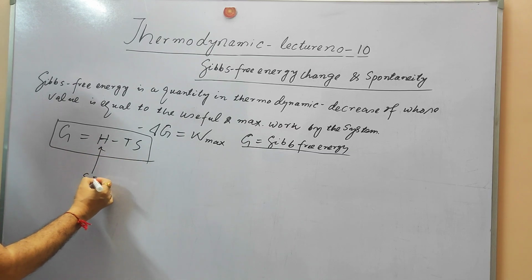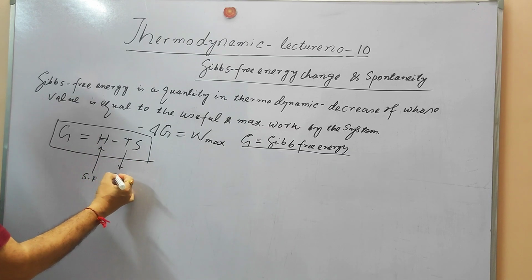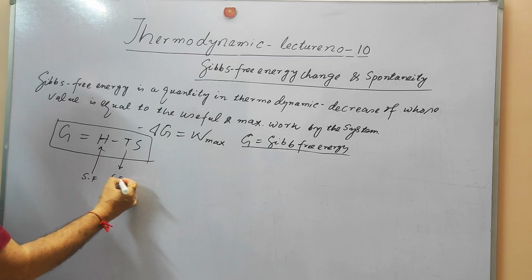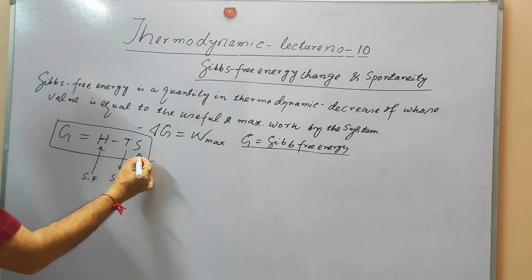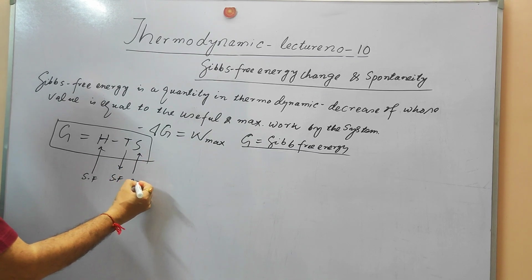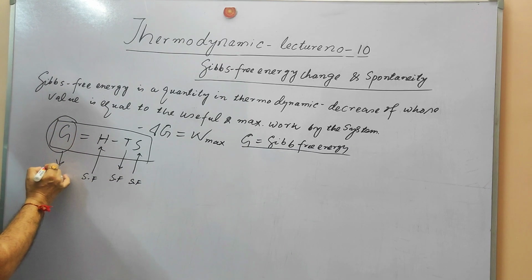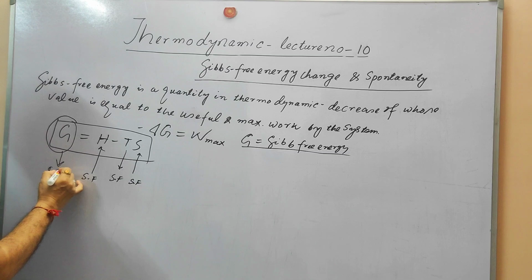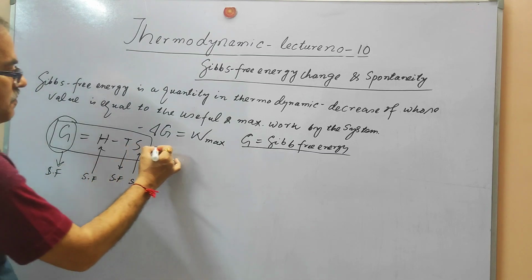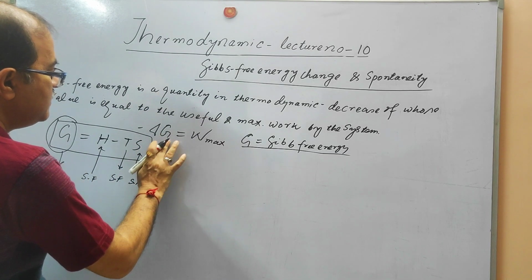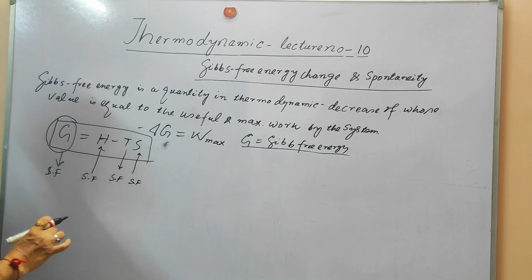Temperature is also a state function, and entropy is also a state function. So naturally G will also be a state function, and it is an extensive property.